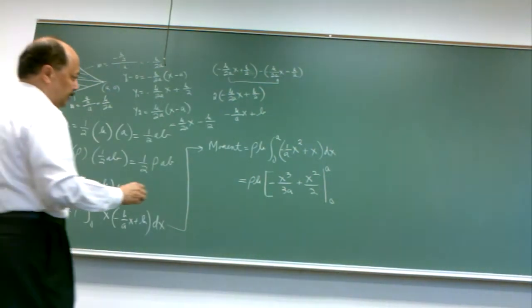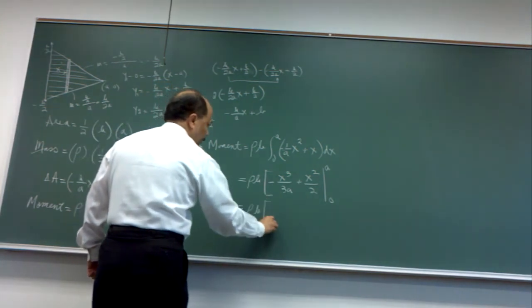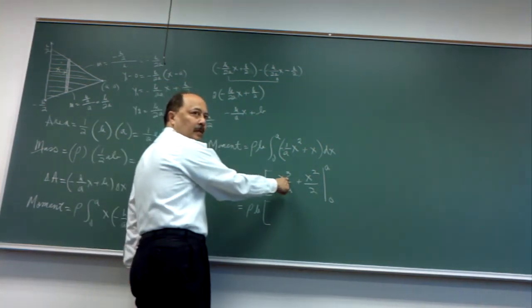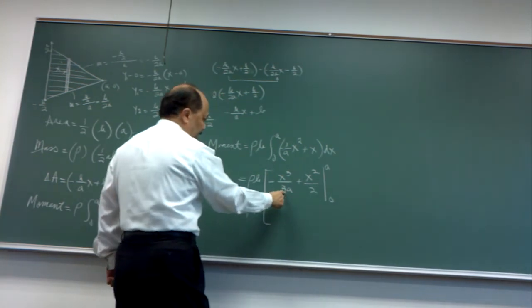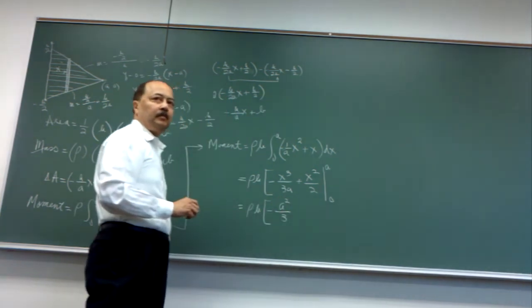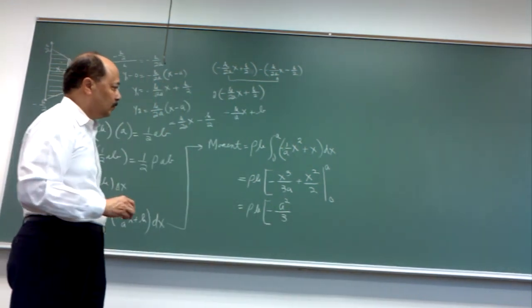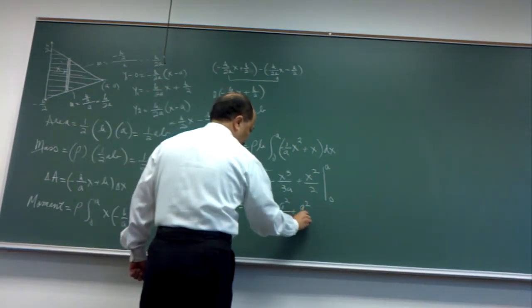At the upper limit, a cubed over 3a will give us negative a squared over 3. And here it'll give us plus a squared over 2.